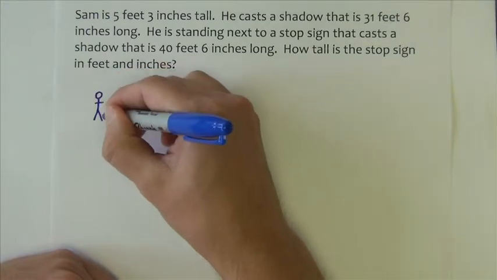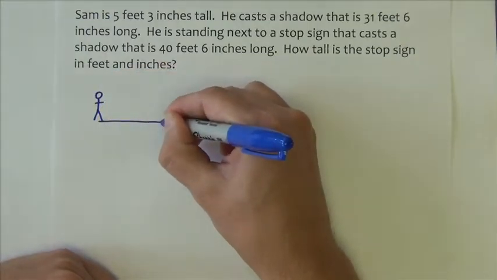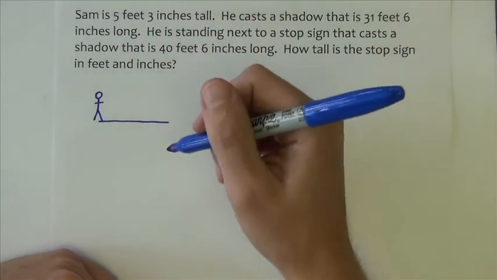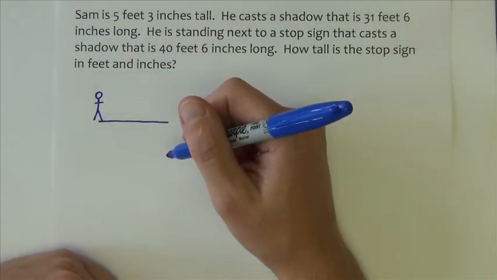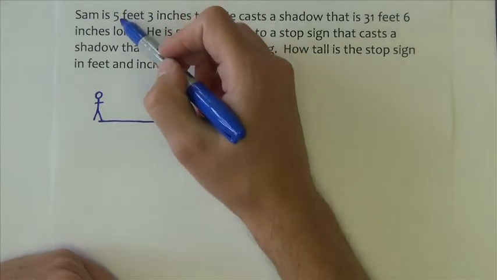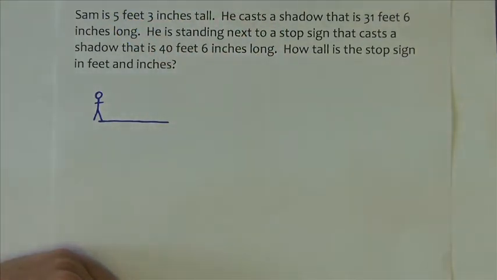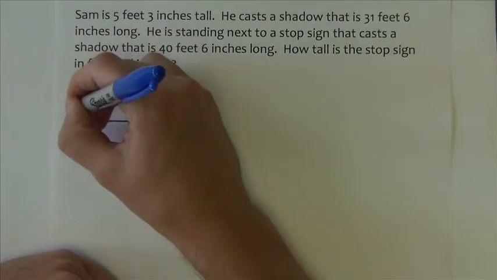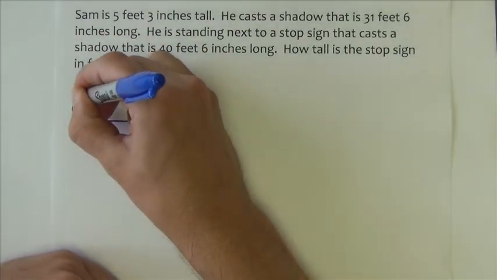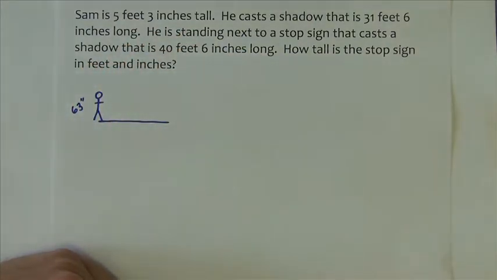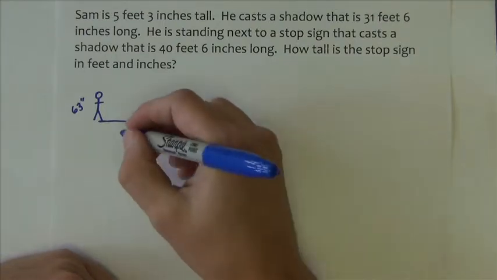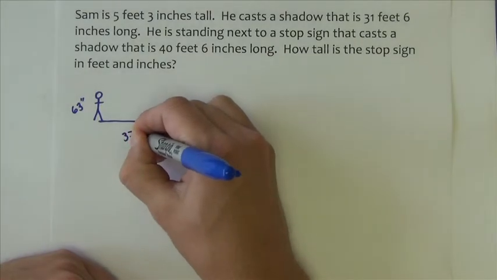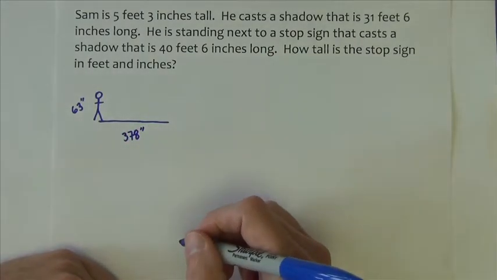We've got Sam and his shadow. 5 feet 3 inches tall. Let's convert that all to just inches. 5 feet is 12 inches each, so we would want 5 times 12 plus 3, so he is 63 inches tall. And his shadow, we want 31 feet times 12 inches plus that extra 6 is 378 inches.